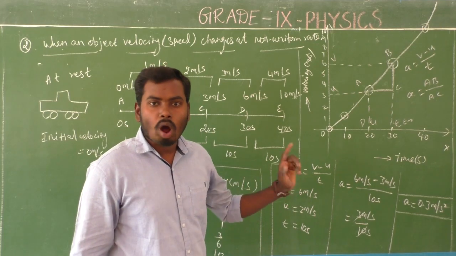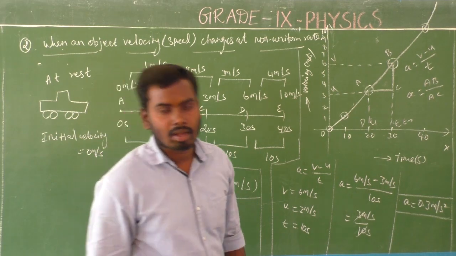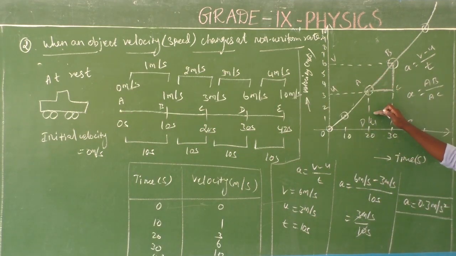There is another quantity left. What is that? That is the magnitude of the displacement, which we already know very well. Here, what is the displacement? Look here. The area enclosed by this graph is called, what is that? The magnitude of the displacement.